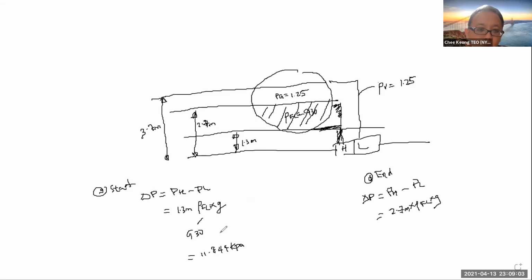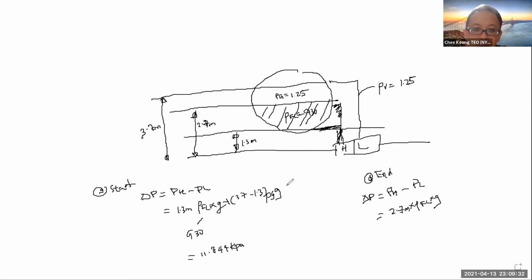Okay, so maybe I should put here the high pressure leg is 1.3 times rho FL, which is the liquid, times G, and then the gas is still on this side. So it's plus 3.7 minus 1.3 times rho gas times G. This is all acting on the high side.